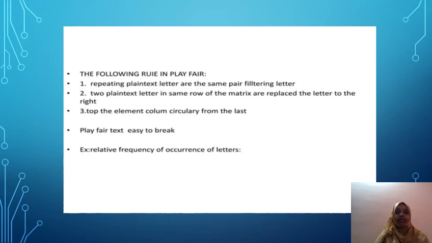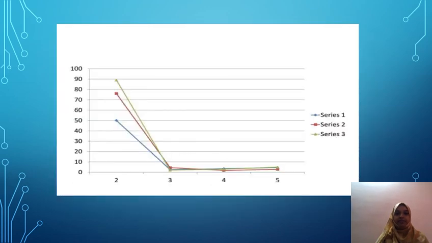Example, relative frequency of the occurrence of the letters. Here is a graph which represents the series. Here we can notice that series 3 has the highest marking point, whereas series 1 and 2 are represented with blue and red color, and green represents series 3.